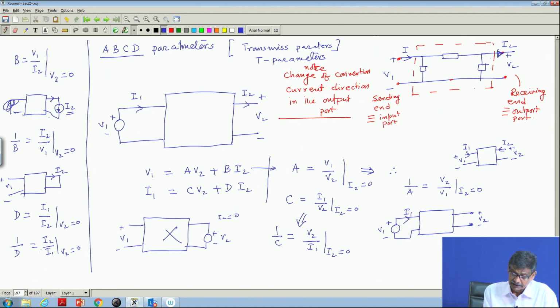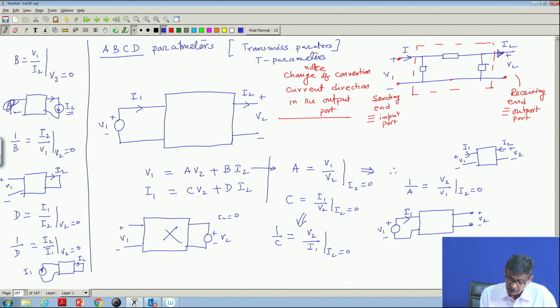So, what it says is that you excite the input port with a current source I 1, short circuit the secondary so that V 2 is equal to 0, and record this current.